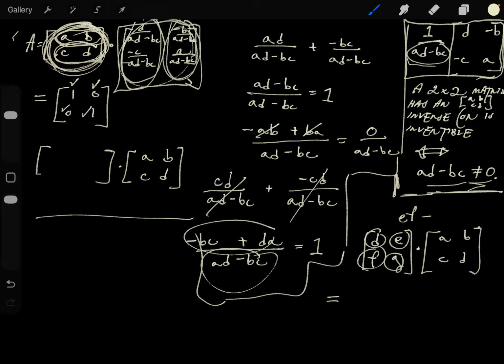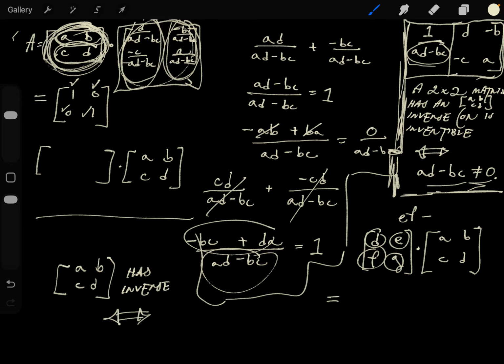The key here was to notice this statement, that this matrix A, B, C, D has an inverse if and only if AD minus BC does not equal 0. We should convince ourselves of that. Why is that true? It's the one direction that's sort of tricky right now for me.